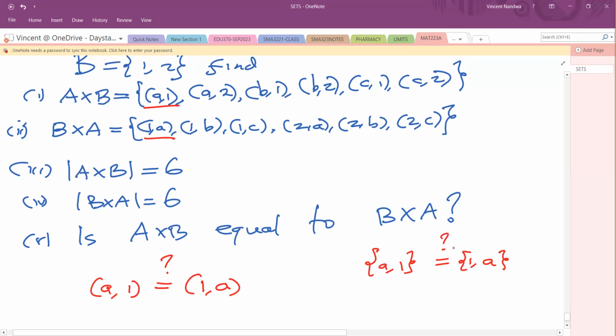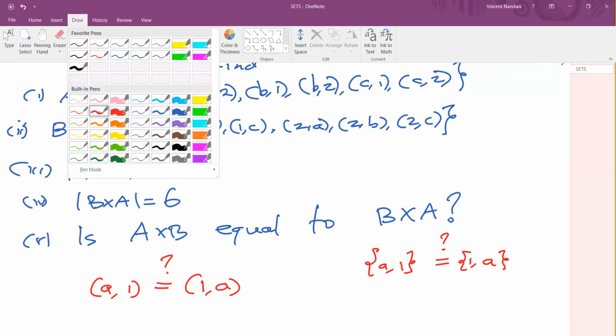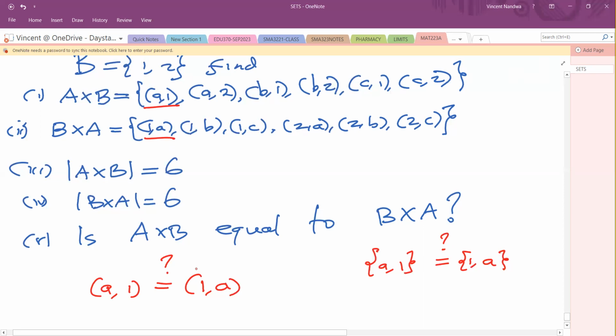First one. Yeah. So this is not equal, but this is true.